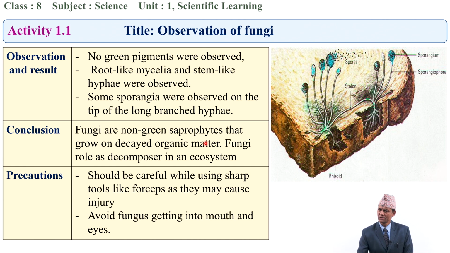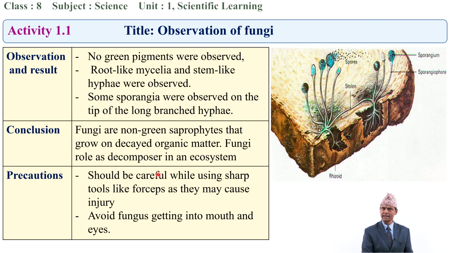They have no green color, and they grow on what type of substance? Decaying organic matter. Yes, decayed or spoiled food, like spoiled bread and other organic items. If something is decayed, it is decayed by fungus attack. So fungi have a role as decomposers in the ecosystem.